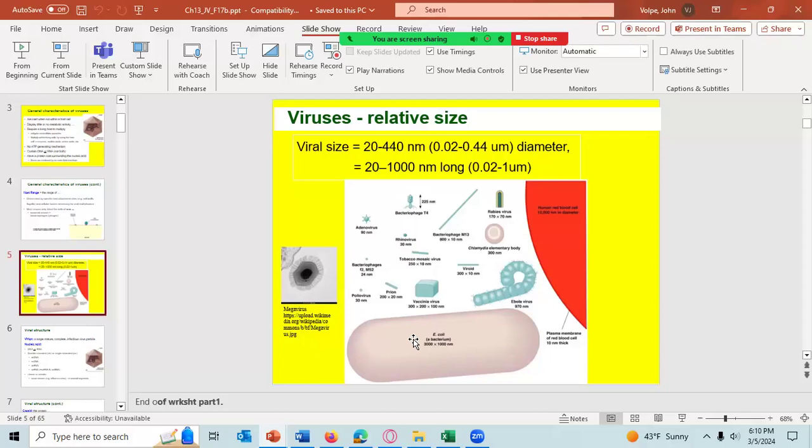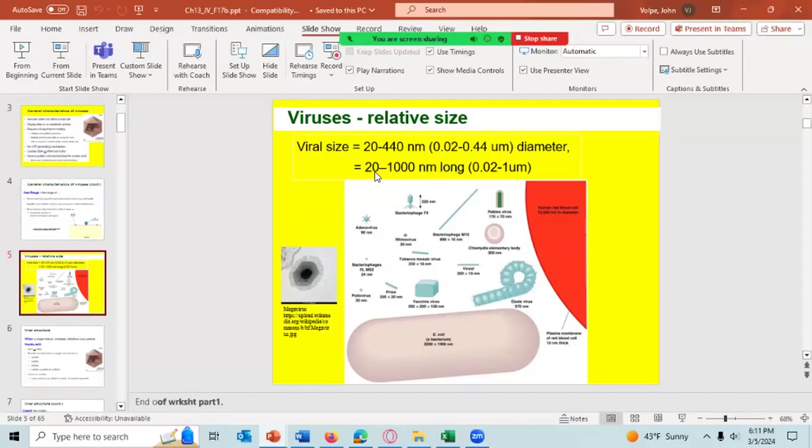The important point is that viruses are roughly 10 times smaller than a prokaryote cell. Their size ranges from 20 nanometers in diameter to 440 nanometers in diameter. That's looking at megavirus, the largest virus, at least until recently, at about 440 nanometers in diameter.